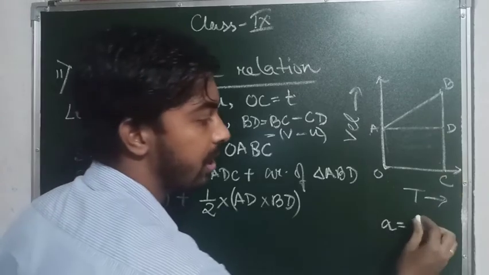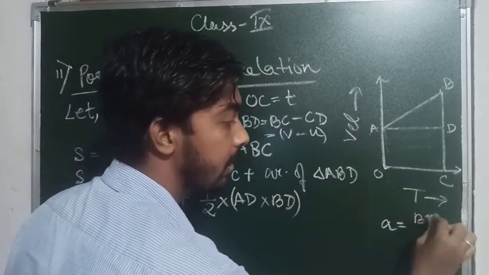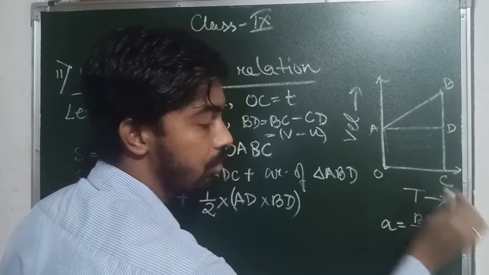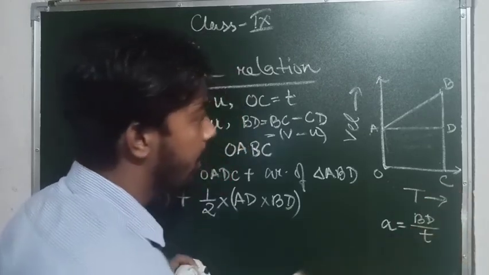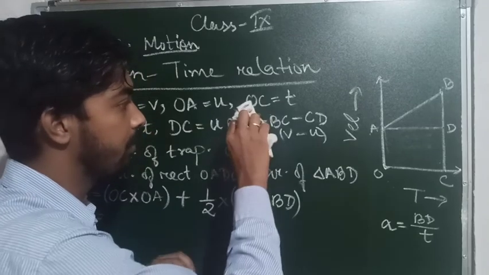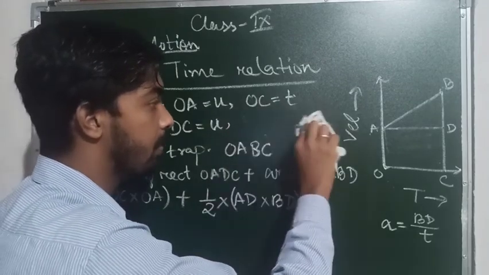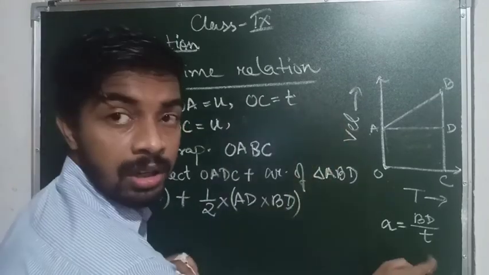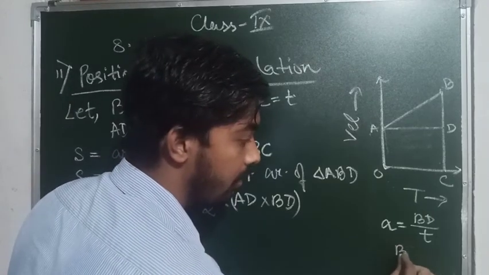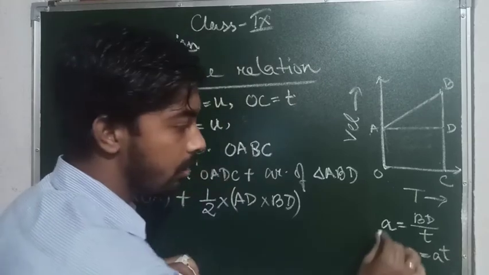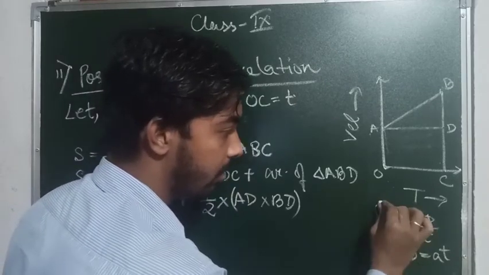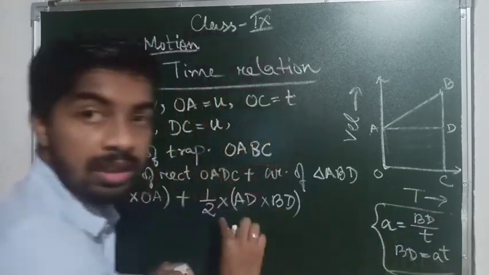So change in velocity was BD by the time taken, which was OC, and which is T. From here also we can use BD. From here we can write BD is equal to AT. So this part we will use here.